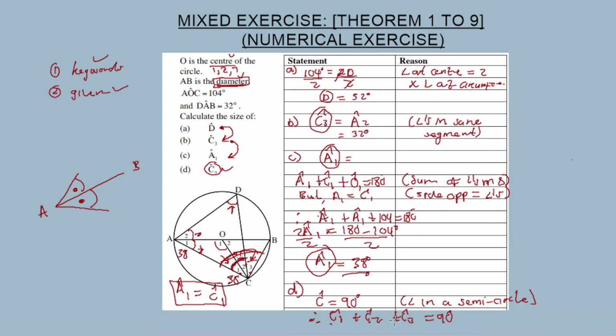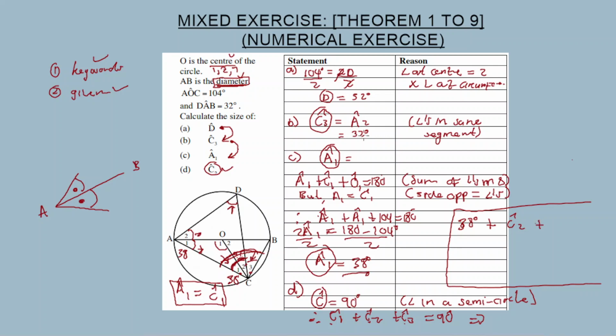C1 added to C2 and C3, you should get angle C, right? Therefore C1 is equal to 38. Don't forget C1 is equal to A1, plus C2 is something I want, the angle I want.